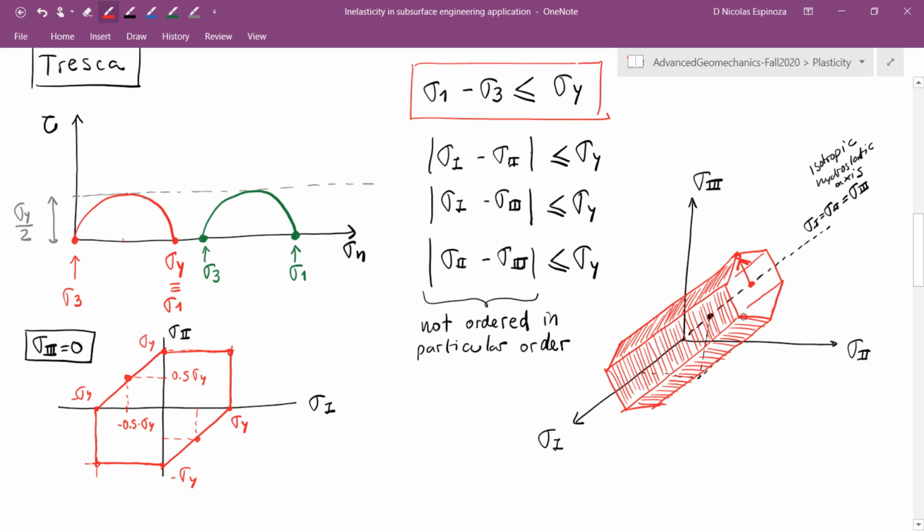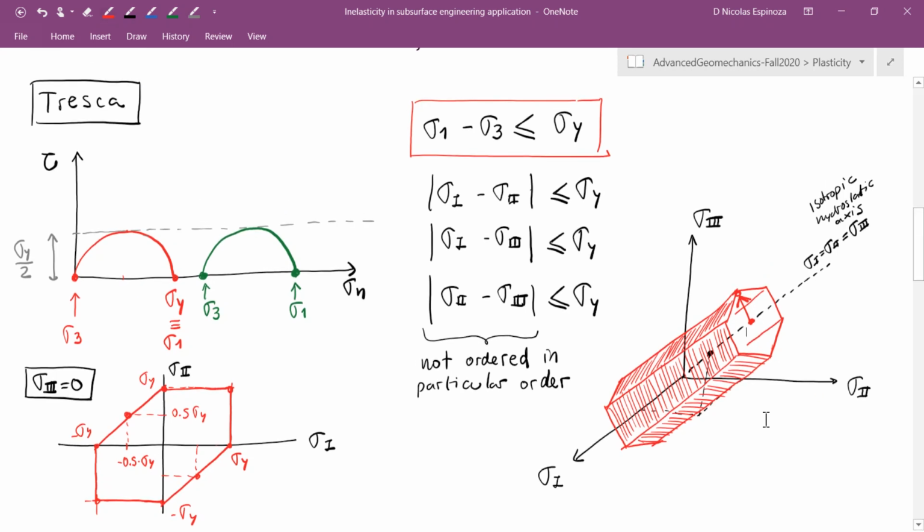All right, so this is what is called the Tresca criterion, and it is not very popular in computational mechanics because of these sharp edges. This is actually a discontinuous function with two derivatives coming from each side. Well, it's not actually discontinuous, but it's not continuously differentiable.